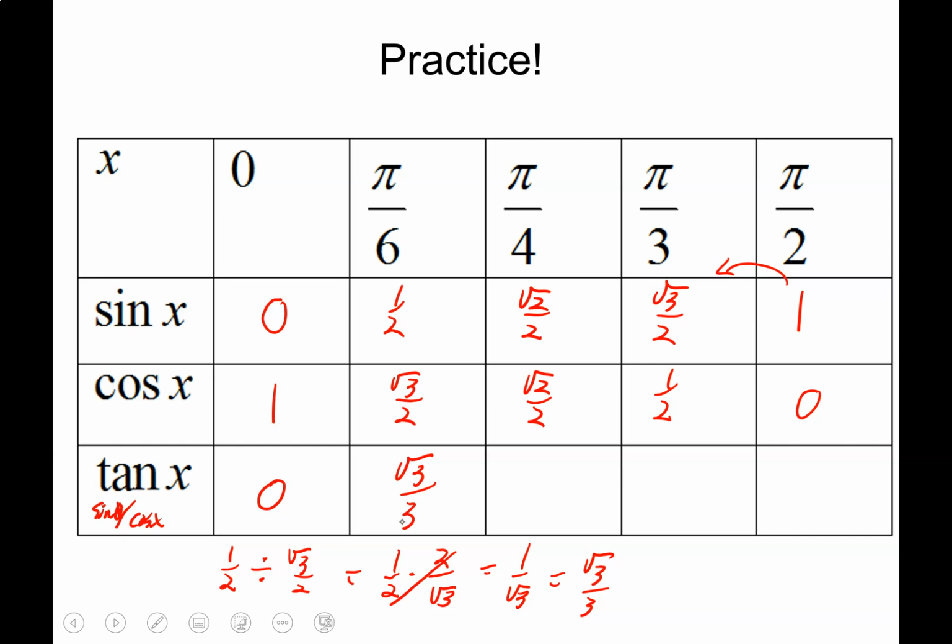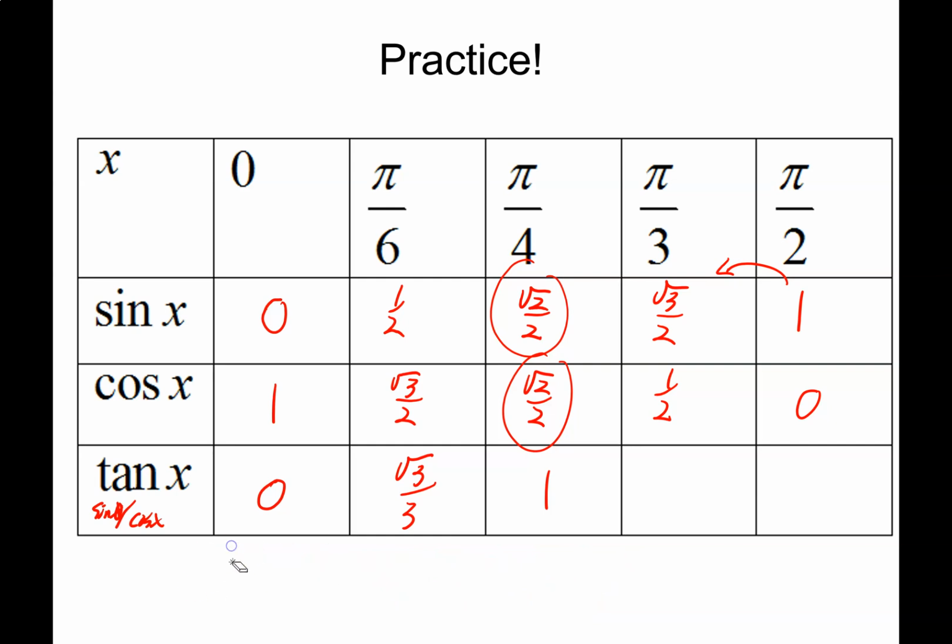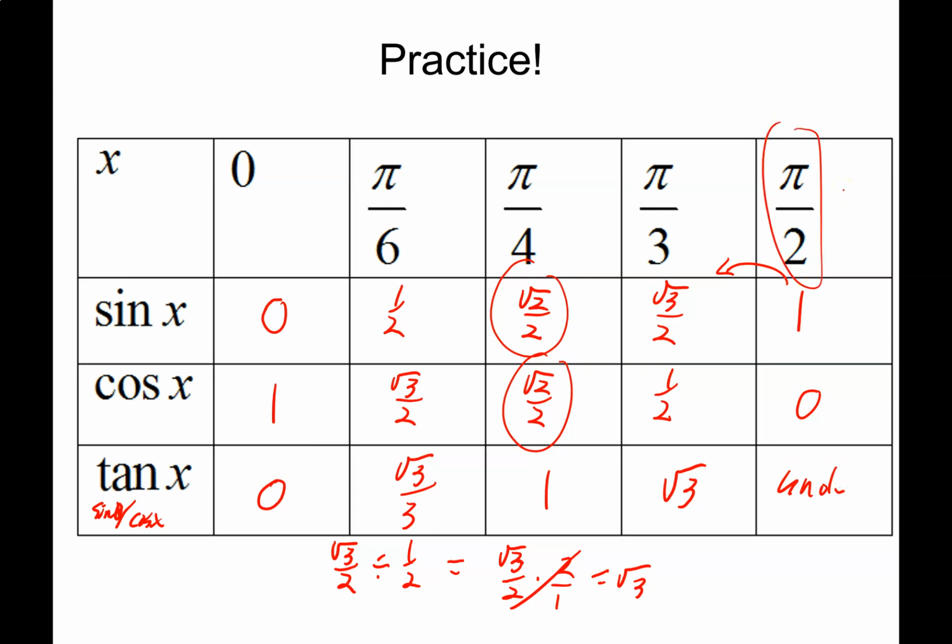For pi over 4, sine over cosine, since the sine and the cosine are the same, root 2 over 2 over root 2 over 2, top and bottom are the same, is 1. At pi over 3, again, I take sine divided by cosine, or my y divided by my x. I get root 3 over 2 divided by 1/2, which is root 3 over 2 times 2 over 1, root 3. And then lastly, 1 divided by 0, or anything divided by 0, is undefined, which is why at odd multiples of pi over 2, you get your vertical asymptote.